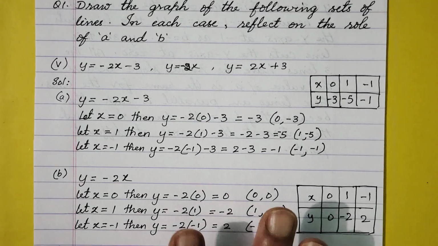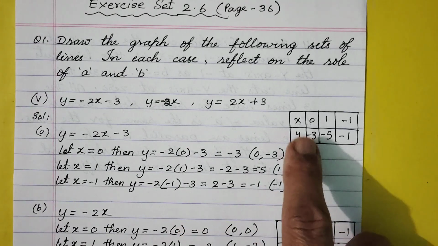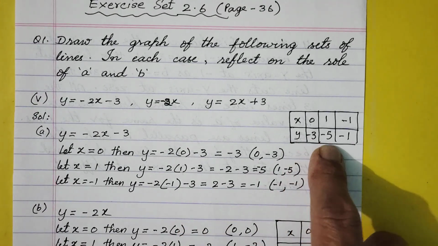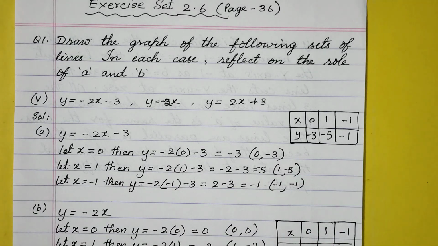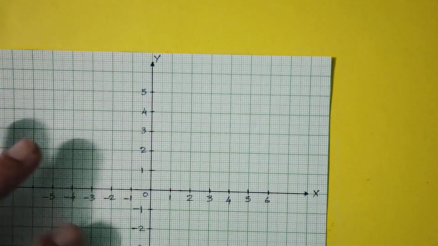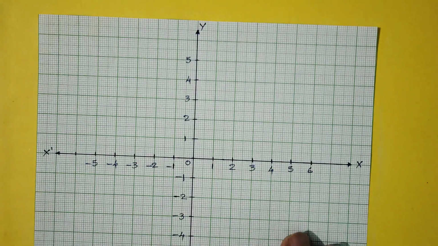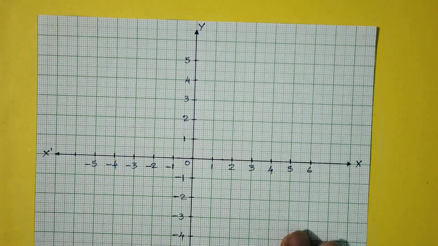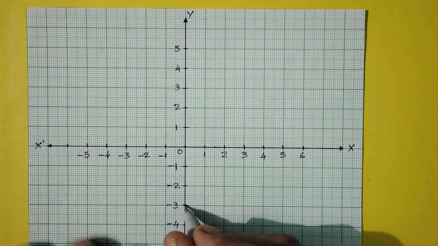So the first one, the values are 0, minus 3, 1, minus 5, minus 1, minus 1. The first point is 0, minus 3. X is 0, minus 3. So this is that point.